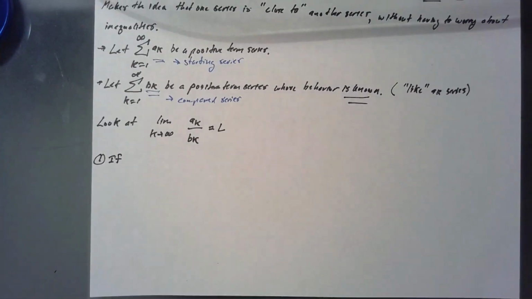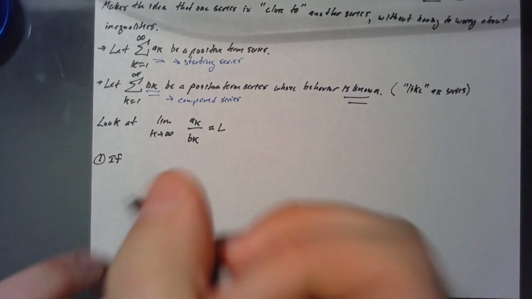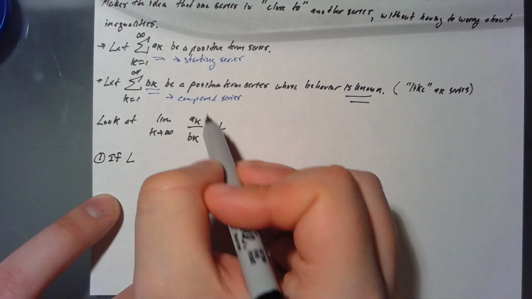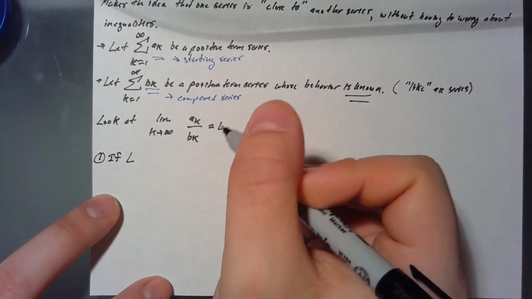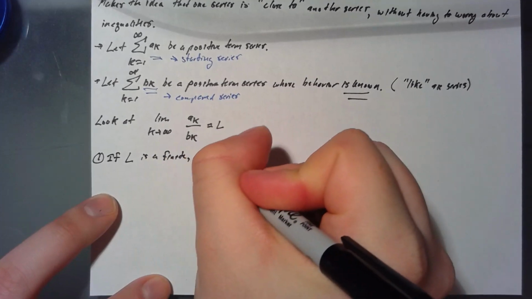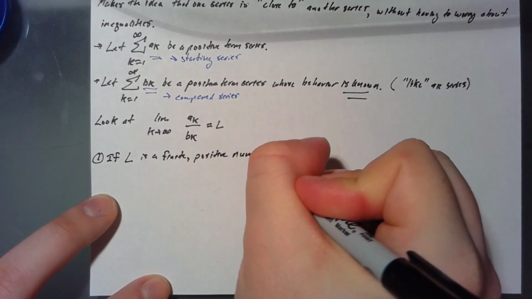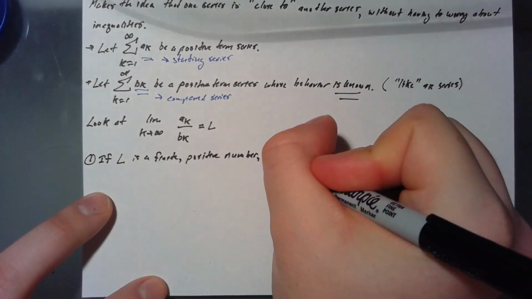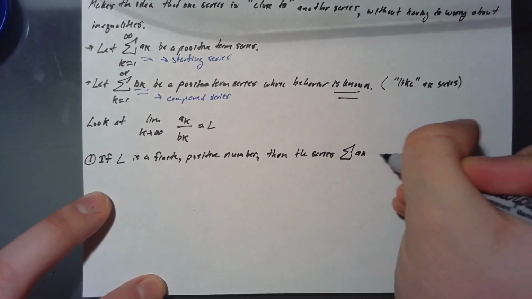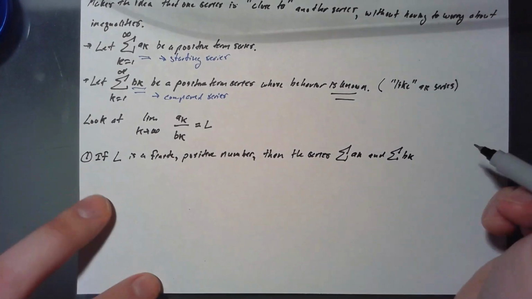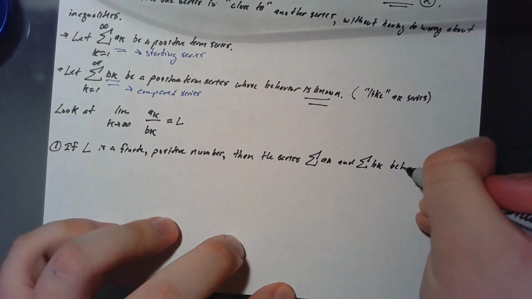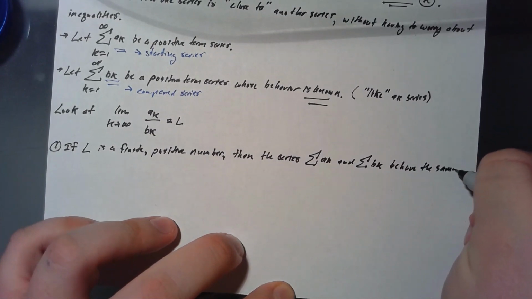This limit approaches L. If I take the ratio of the starting series and a similar series, and I get L as the limit, and L is a finite positive number, then the series a of k and b of k behave the same way.